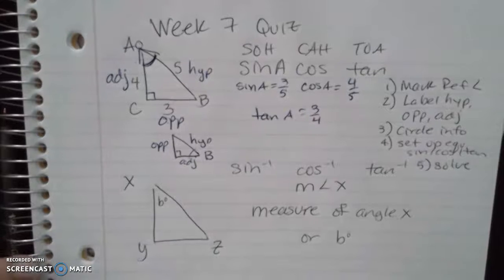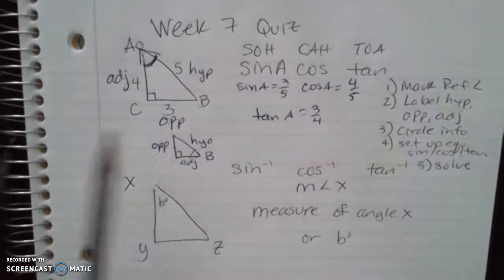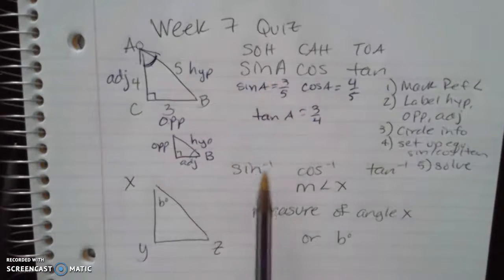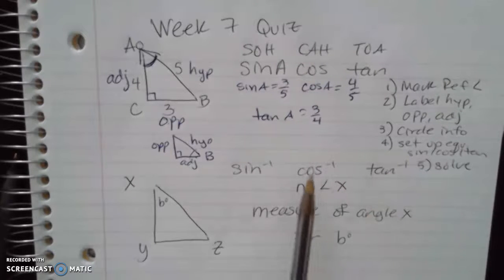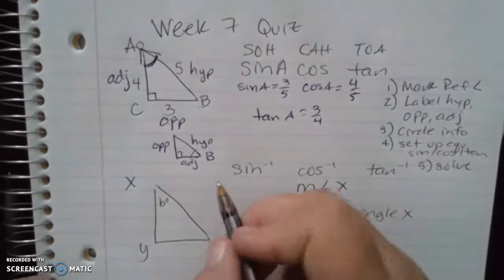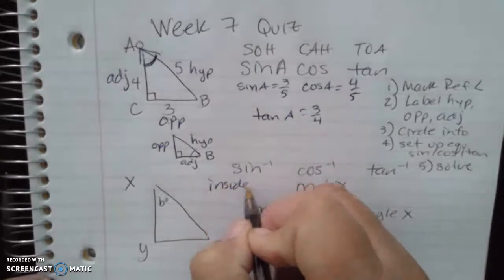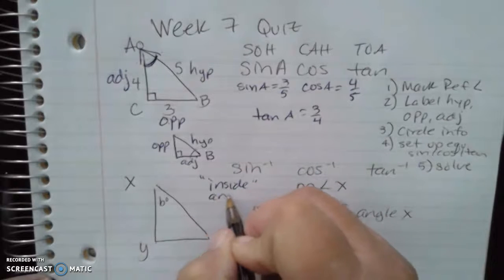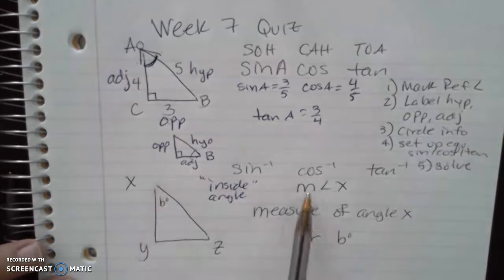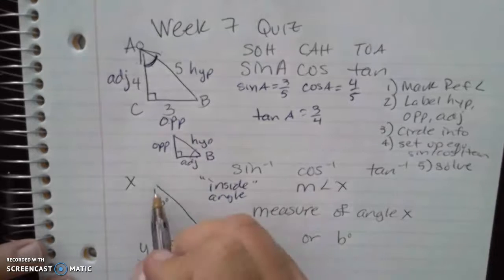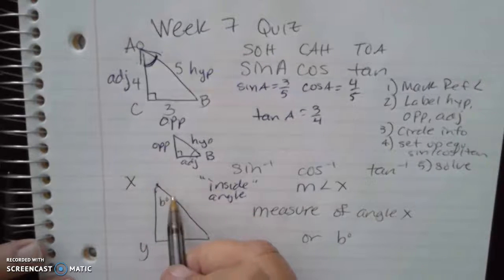Okay. Now, what is the difference between using sine, cosine, tangent, and inverse sine, inverse cosine, and inverse tangent? Well, with the inverse, you're looking for the inside angle, right? And the angle could be written like this: the measure of angle x. Well, that's talking about this angle right here.